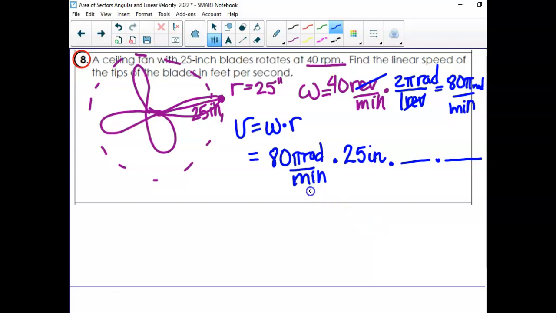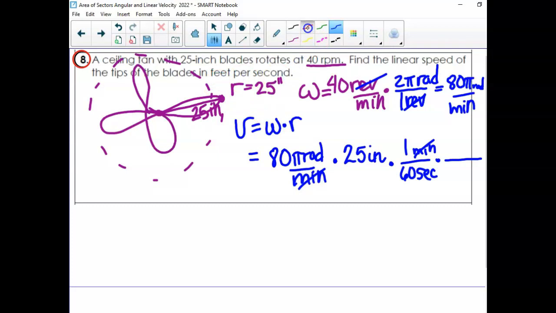Where does minutes need to go? On the top, which leaves seconds on the bottom. Okay. What I know is that it takes 60 seconds, so the 60 goes down with the seconds, to be 1 minute. Now the minutes can cancel, and I have seconds, which is what they wanted.